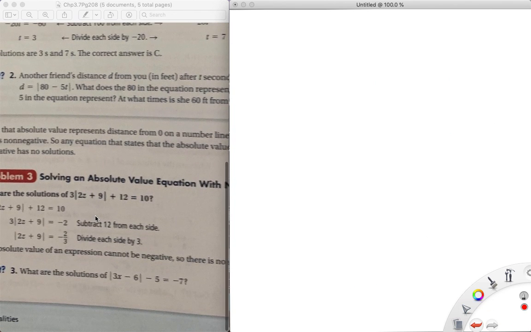What happens when your distance is not positive? So if we have another absolute value, so we have the absolute value of 3x minus 6 subtracted by 5 equals negative 7. I'm going to add 5 to both sides.